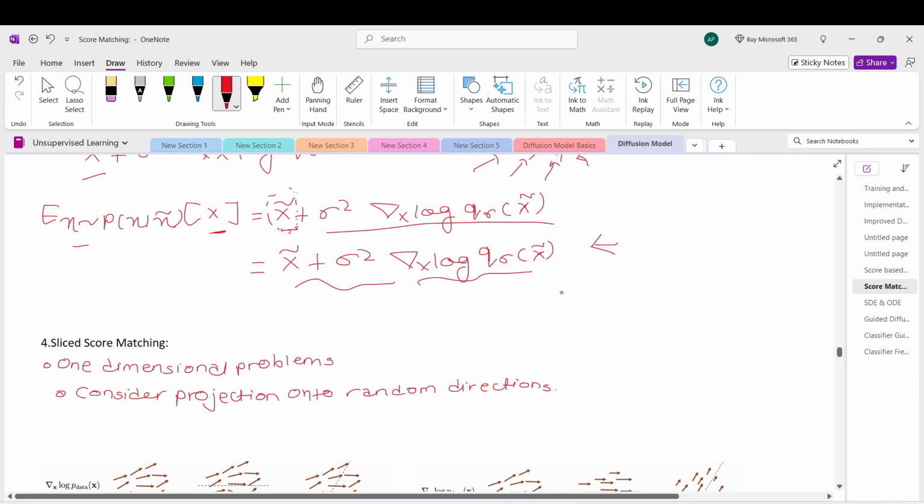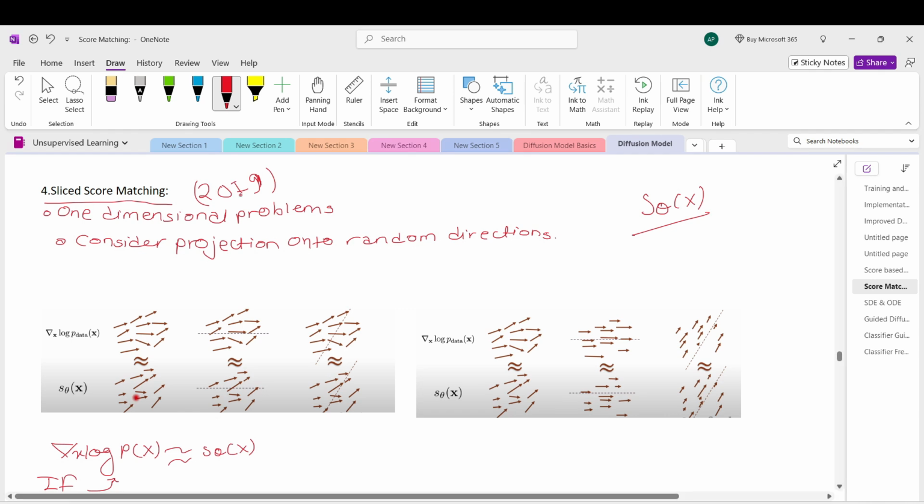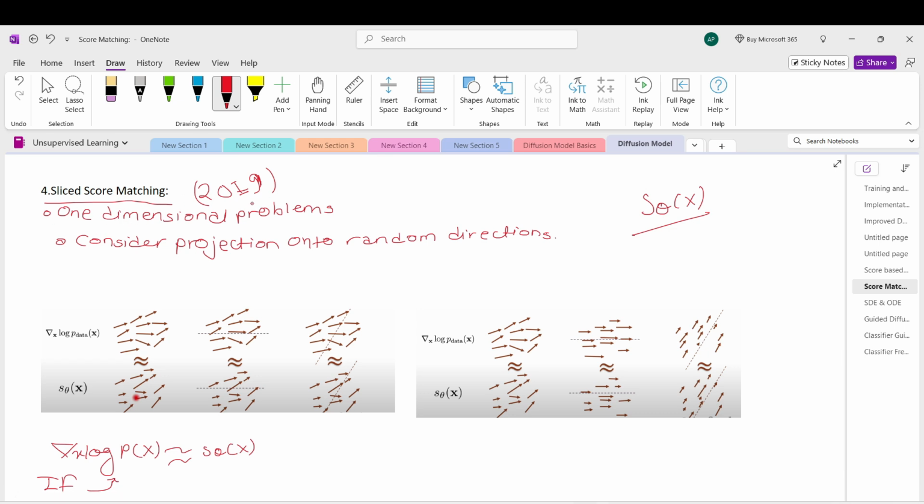By using these approaches. So guys, let's look at this paper, which has been written in 2019. This is sliced score matching, written by Yang Song and other collaborators, and sliced score matching is a really efficient technique.